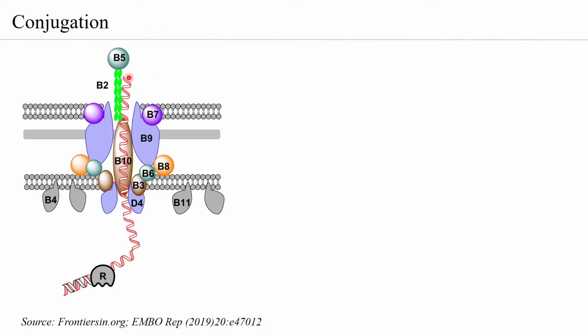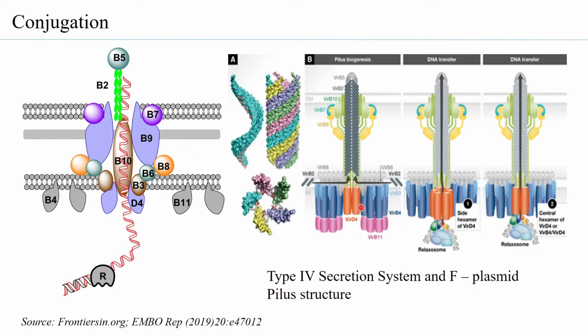So you can see how the DNA is being pushed out from one bacteria to another bacteria, and this therefore becomes the conjugation tube. You can see how the conjugation tube is being formed, and you have what is called the secretion system. This secretion system will push out the DNA.